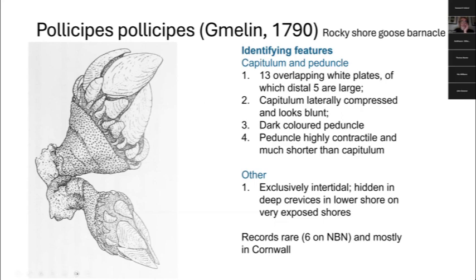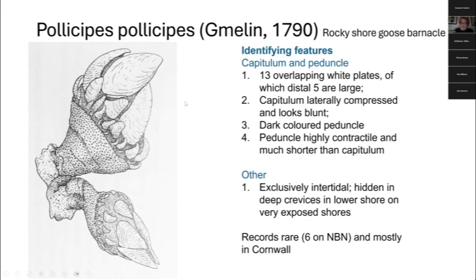So it has large numbers of big white plates all over the capitulum. And characteristically, the distal ones, these ones around here, are large. The capitulum is laterally compressed and it looks blunt, as you can see from that picture. And it has a dark coloured peduncle, which is highly contractile and is generally shorter than the capitulum.